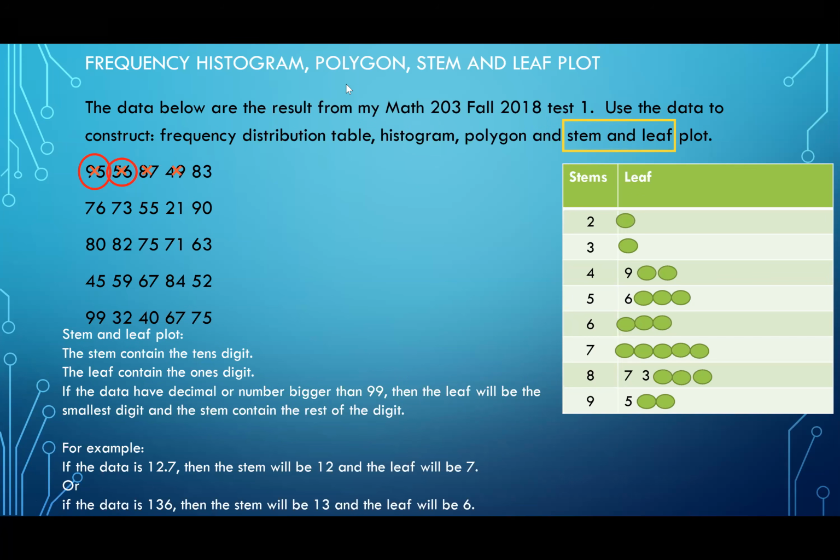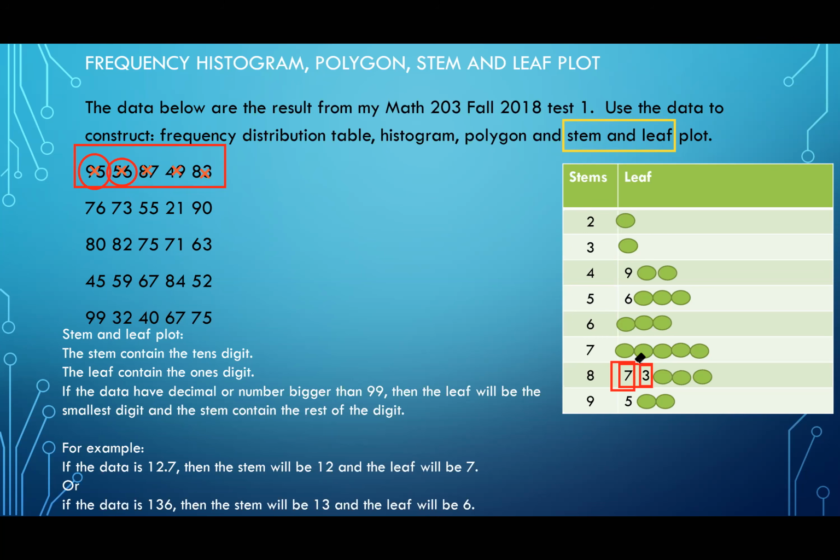So these are my first 5 data: 95, 87, 83, 56, and 49. When you have two numbers like this, each of them is one individual data. So we have 87 as one data and 83 as another data. So again, that's what you read.